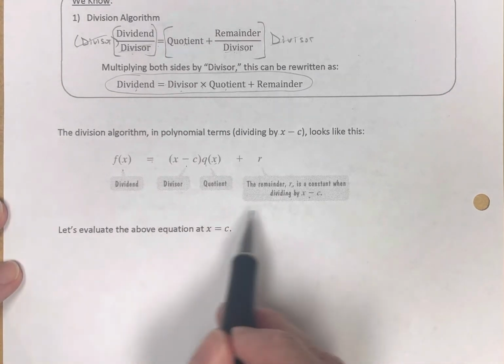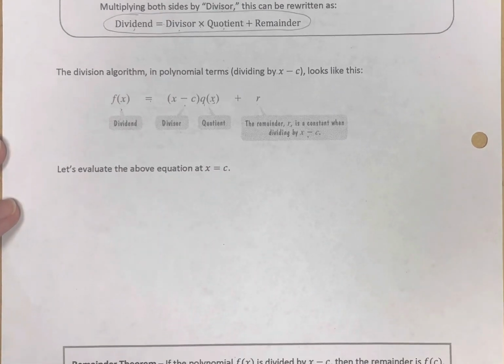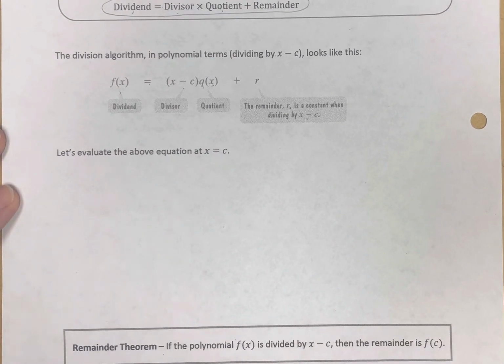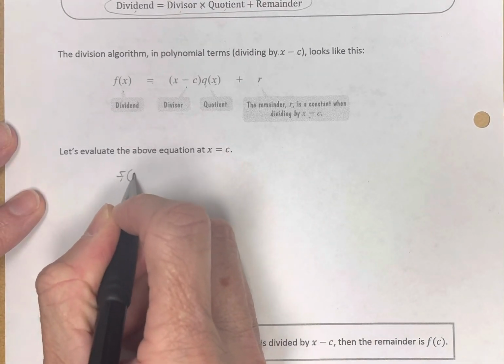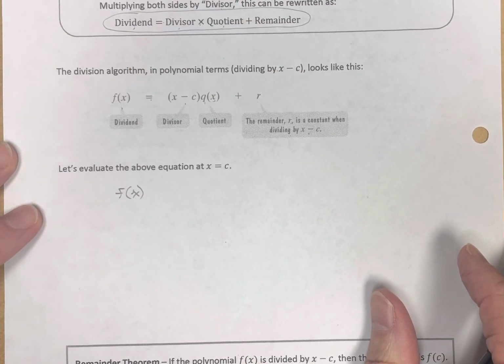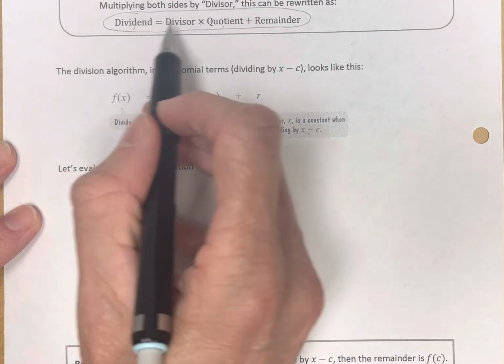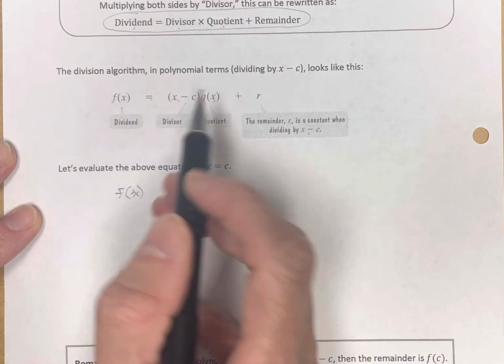Let's take a look at this and evaluate the above equation when x is equal to c. So we have this. I'm going to copy this down, which comes from this right here, but it's in polynomial terms with a linear divisor.